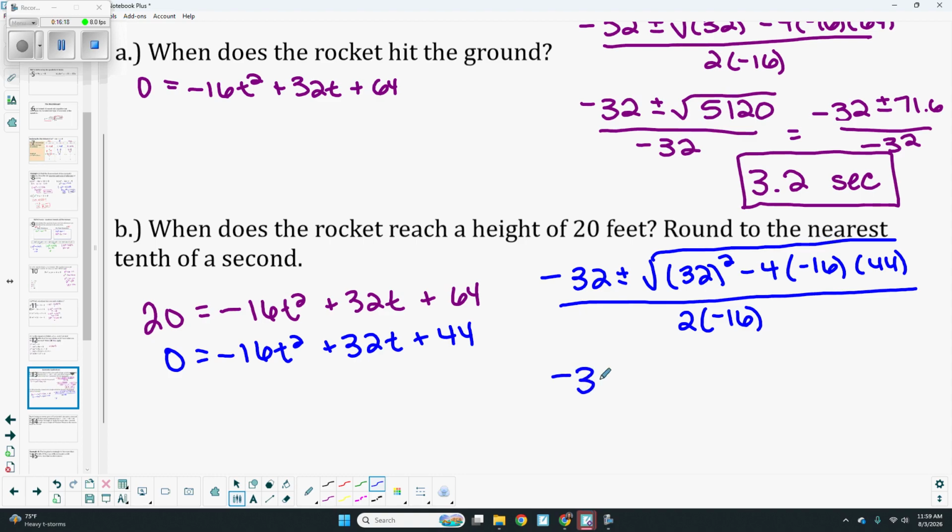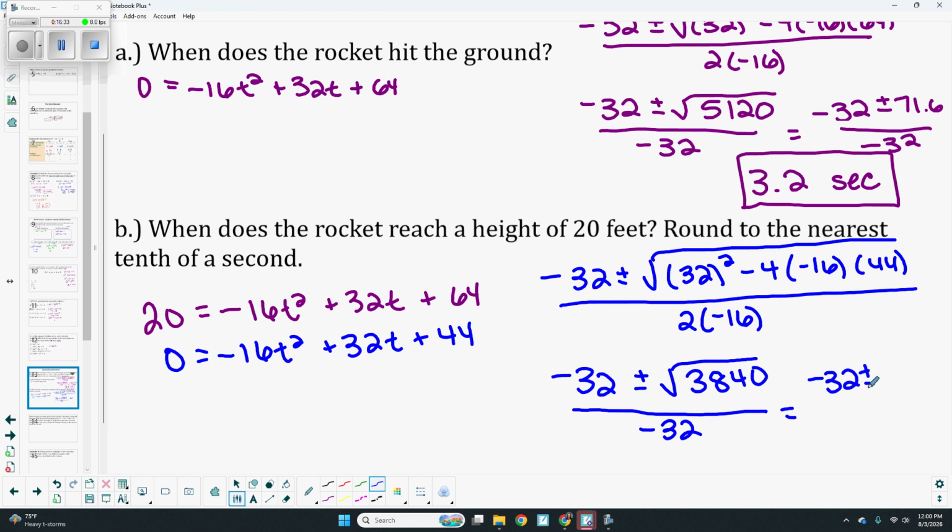So this ends up being the square root of 3,840. Skipping some work here to show you. The square root of 3,840 would have been 61.97.